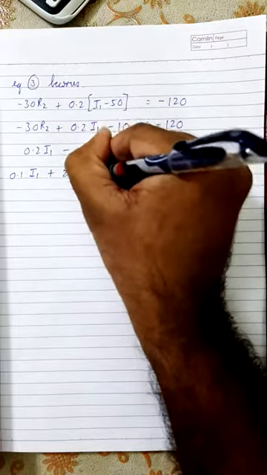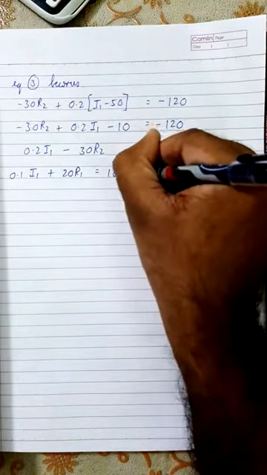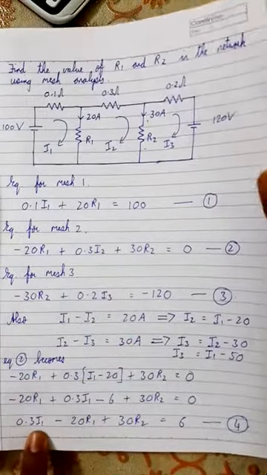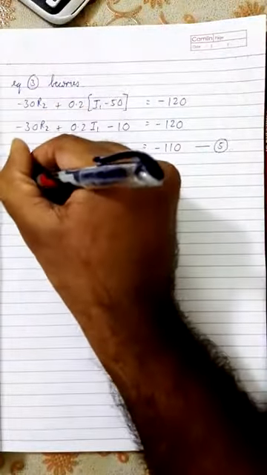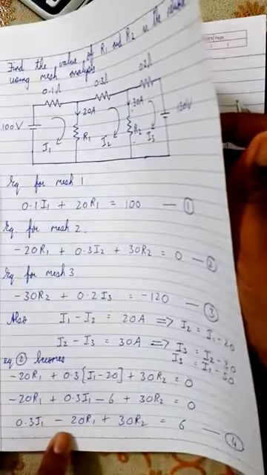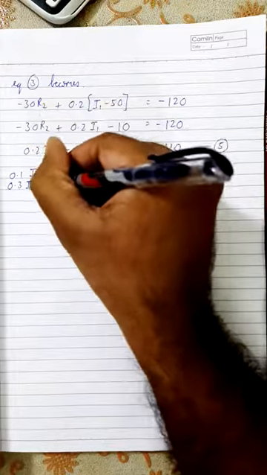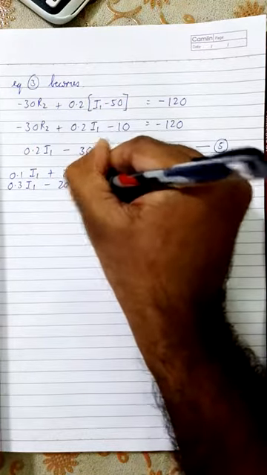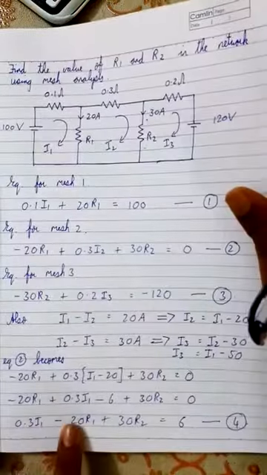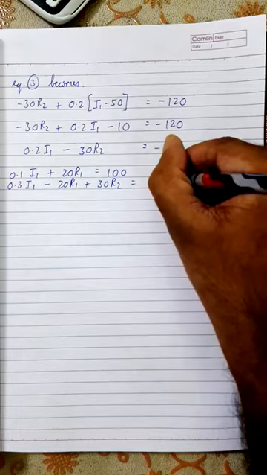This is the first equation that I got. The second equation I got is this one: 0.3 I1 minus 20 R1 plus 30 R2 is equal to 6.